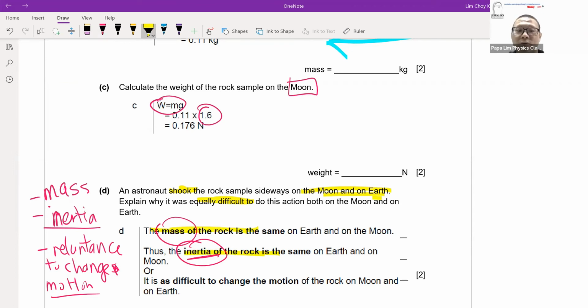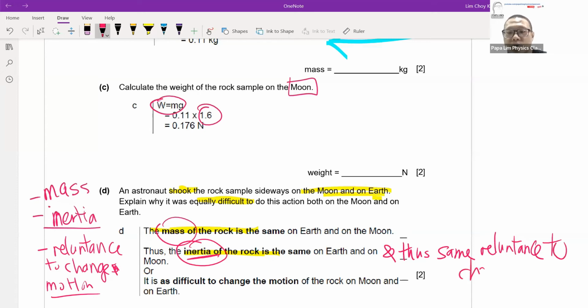And thus, if you want to continue, you can say, and thus, both rods have the same reluctancy to change motion. If you write in this way, you'll find that it's quite comprehensive.